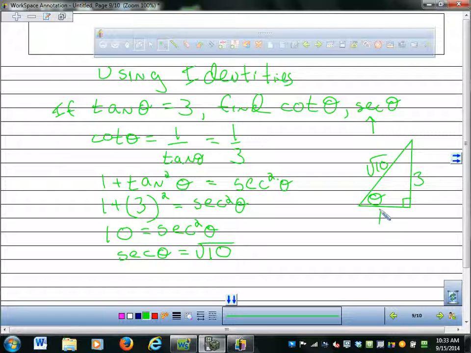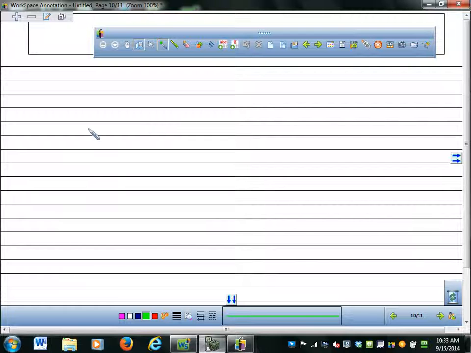All right, two more things, and then we'll be done. Can I move on to the next page? Yes. Move right on to the next page. All right, so show that. This is called solving or proving an identity.